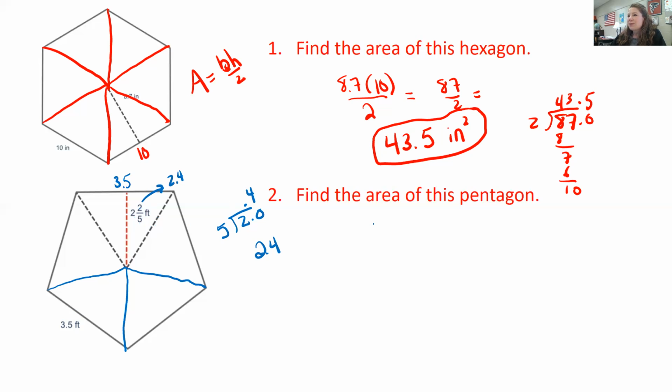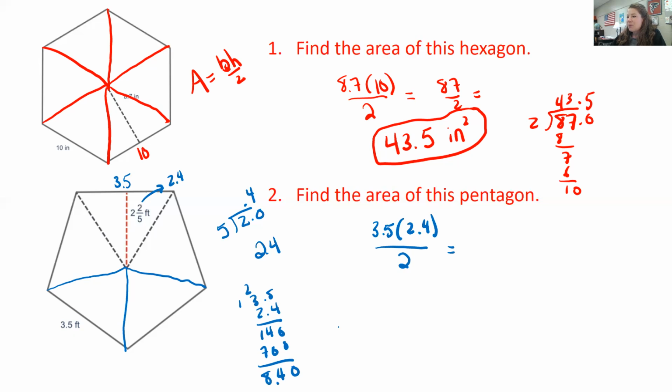So now we're going to multiply 3.5, which is the base, times the height of 2.4. And then we're going to half that. So 3.5 times 2.4, 5 times 4 is 20. 12 plus 2 is 14. 2 times 5 is 10. 6 plus 1 is 7. So I have 0, 4, 8, and I have 2 numbers behind the decimal.